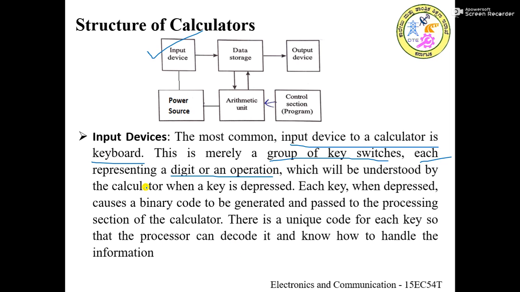Whenever a key is pressed, or each key is depressed, it is going to generate a binary code. That binary code is further sent to the control section for the further processing operation.